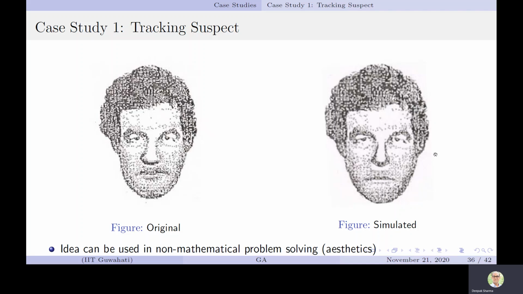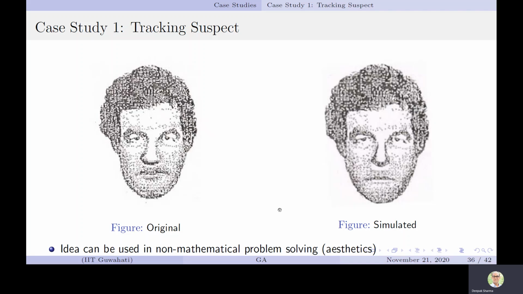Now, as you can see, both of them are not exactly the same, for example if you look at the eyes, nose and the mouth. But I am pretty sure that if this simulated picture is pasted, anyone can recognize the suspect if he is there, and the person can inform the police. Application wise, it is a very interesting application.